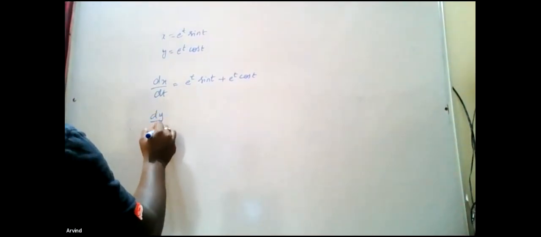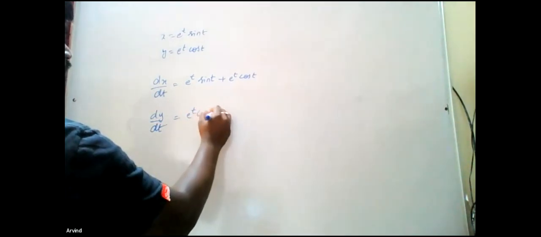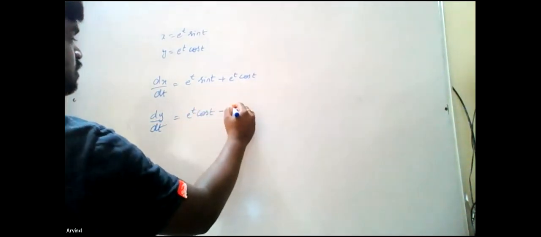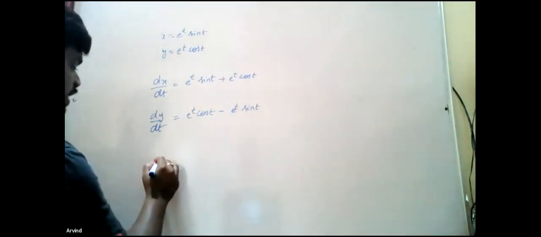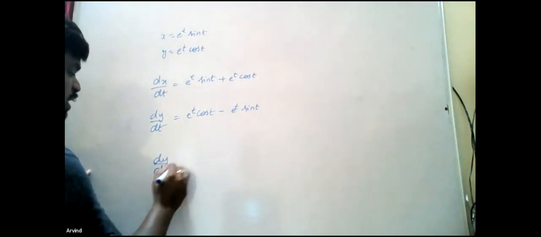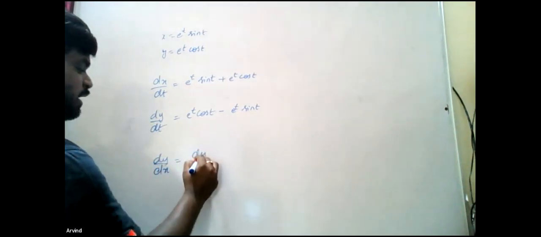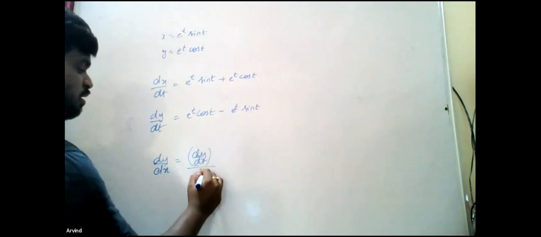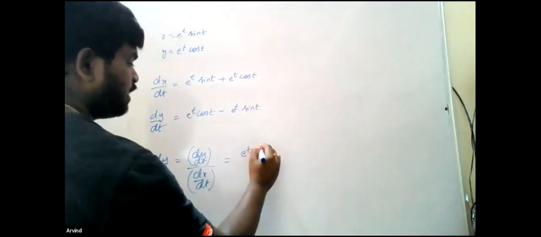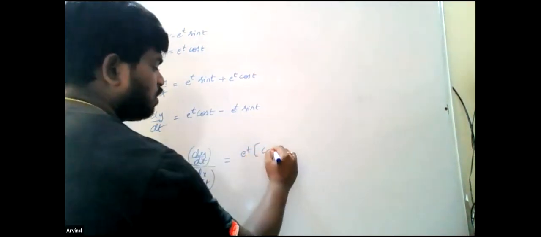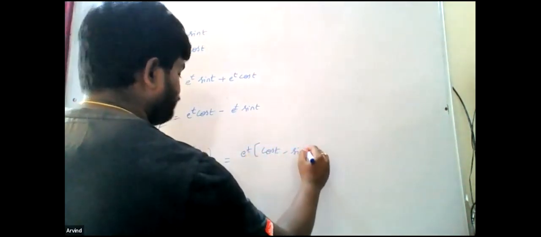Similarly, you do dy by dt, you will get it as e power t cos t minus e power t sin t. Okay, so that's the differentiation. So we want dy by dx. Dy by dx is nothing but dy by dt divided by dx by dt. That's it. So dy by dt is e power t common ತಗೊಳ್ಳಿ, cos t minus sin t.